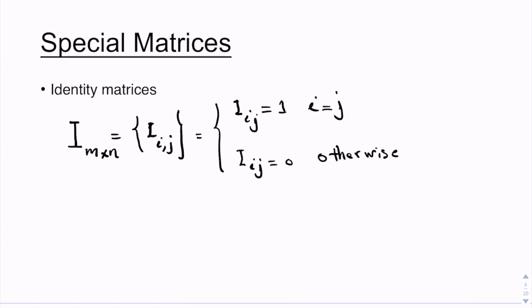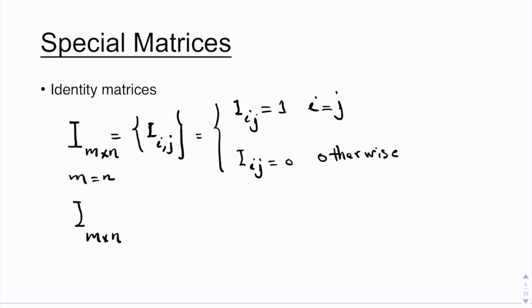That's an identity matrix. We note that an identity matrix is a square matrix. A matrix is square when the number of rows and columns are equal. So in this case, m is equal to n. So this is a square matrix.